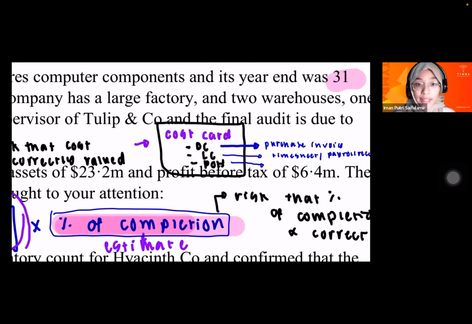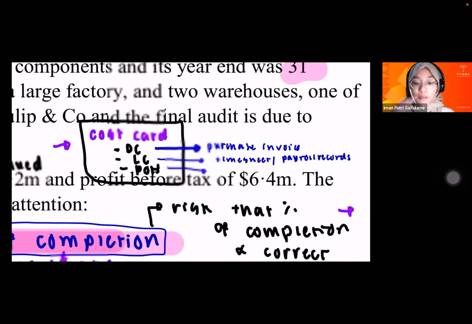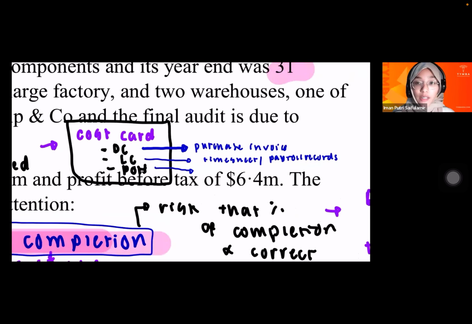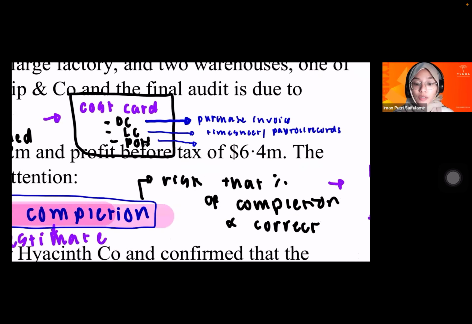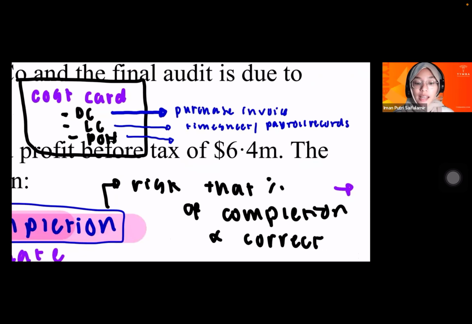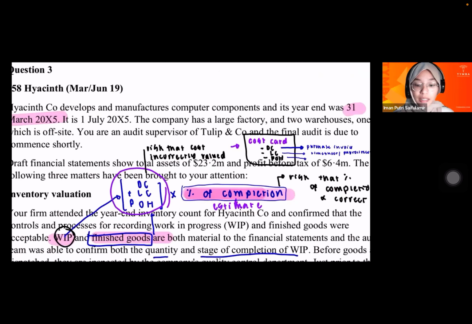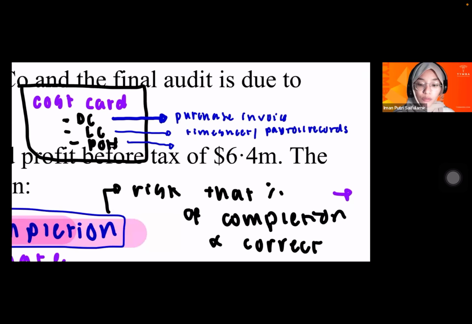Firstly, you obtain this cost card, and then you agree this back to the purchase invoice for the direct cost. Labor cost, we will confirm by reviewing the timesheet, and the production overhead, we will want to confirm that it is production in nature.